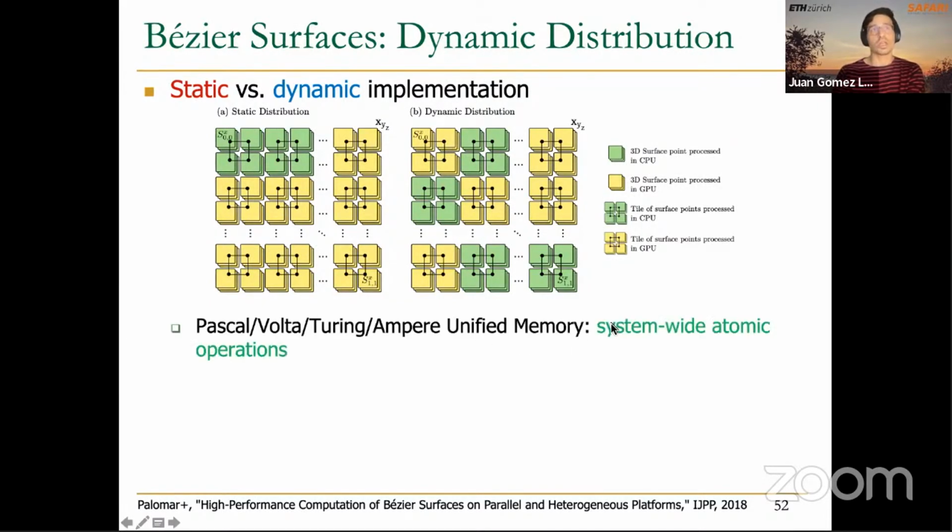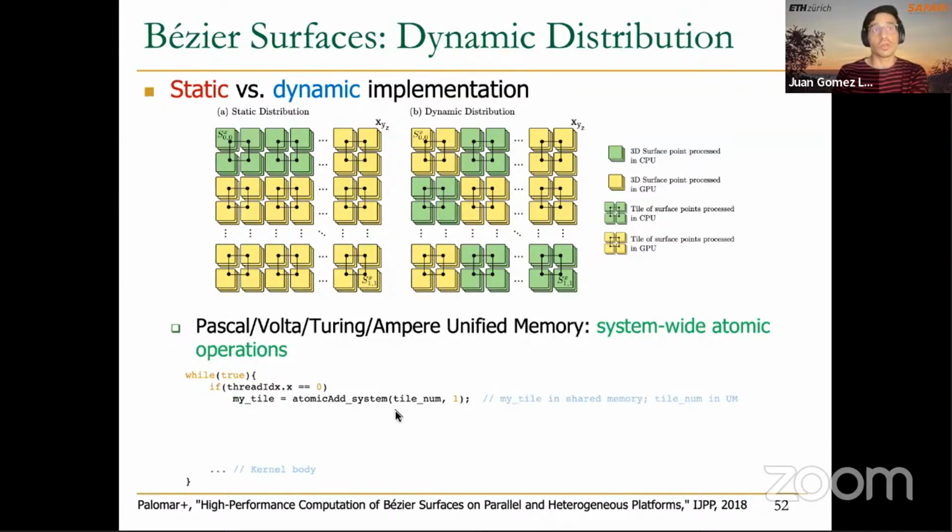And the good thing is that with the unified memory that supports memory coherence and system-wide atomic operations, it's possible to implement this dynamic distribution. What we will do is have the kernel body in a while loop that is running continuously until we break it.